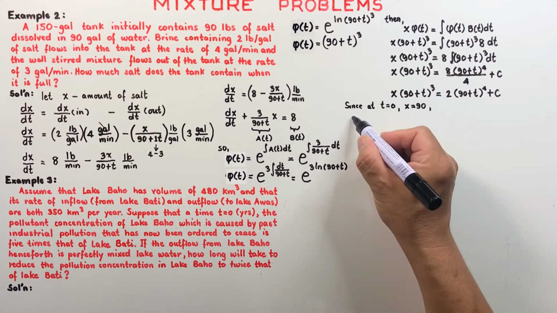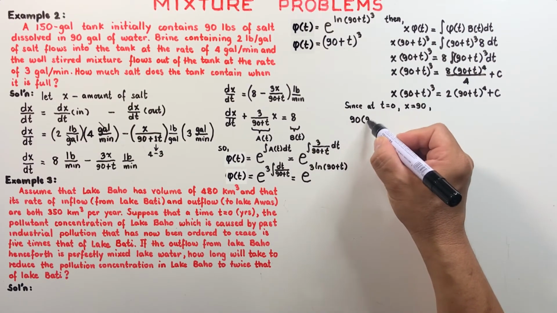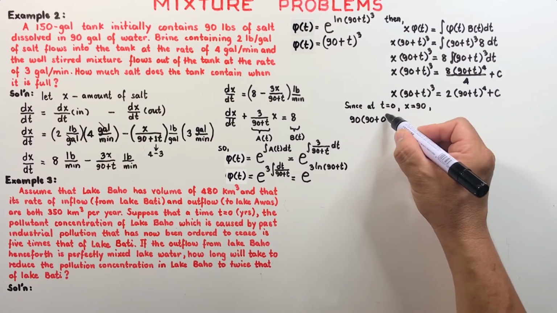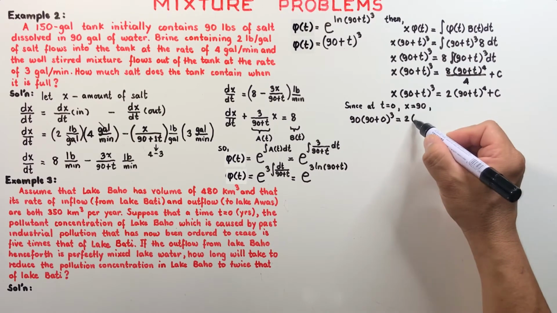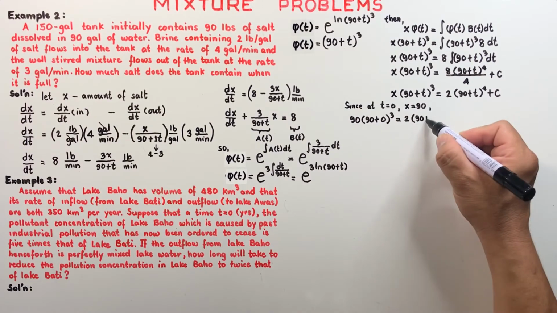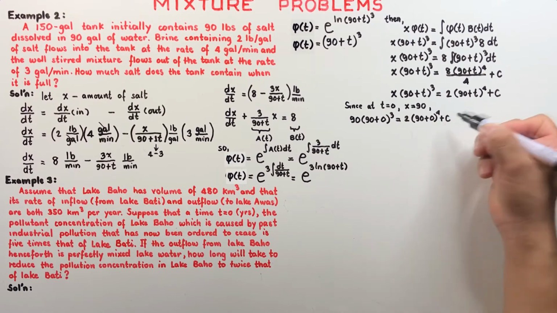So we have 90, so we substitute our x here, times (90 plus 0) to the power of 3, which is equal to 2 times (90 plus 0) to the power of 4 plus the constant of integration c.